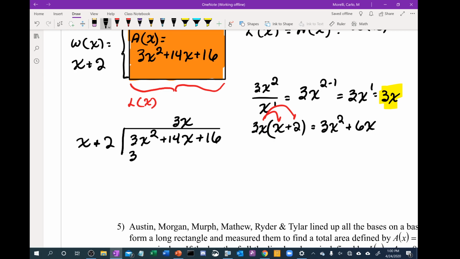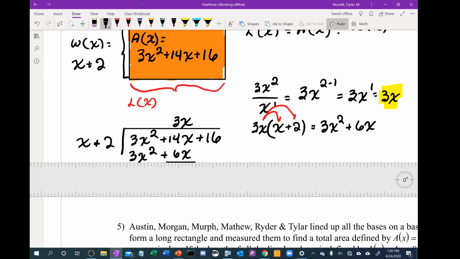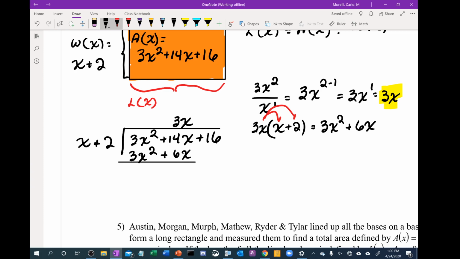This gets written underneath here, 3x squared plus 6x. And then we draw a line, and we change both of our signs. So this cancels, as it always shall, and we have 14x minus 6x, which is positive 8x.